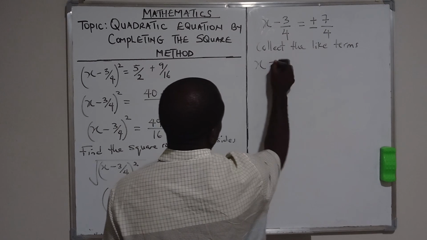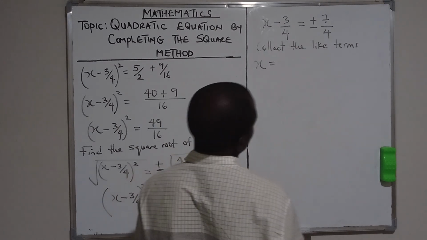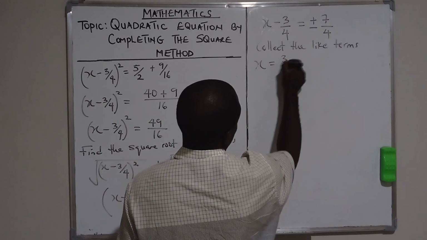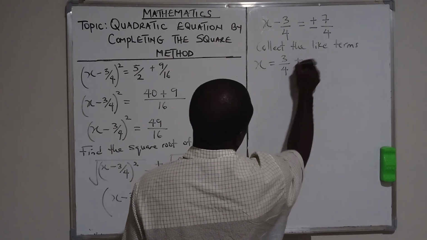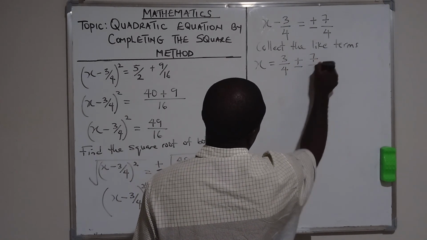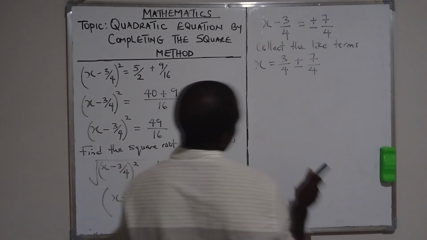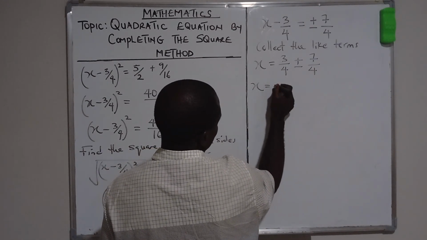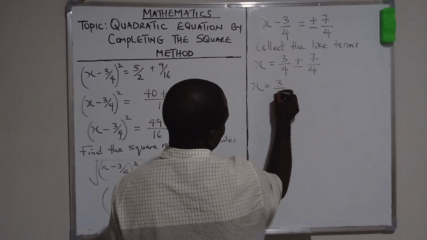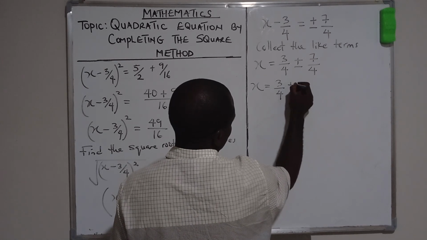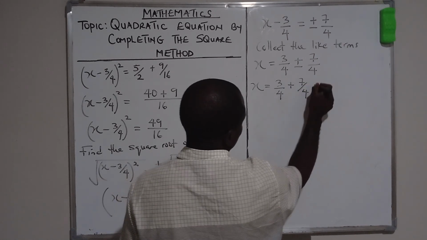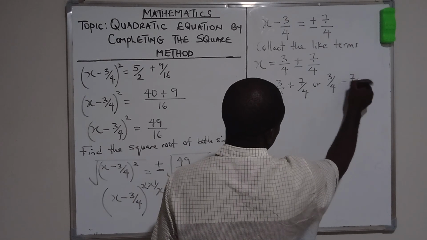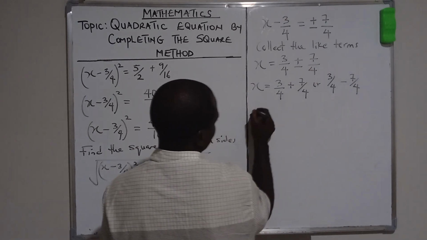You have x equals negative 3 over 4, which returns to positive when crossing the equal sign, so 3 over 4 plus or minus 7 over 4. Now x equals 3 over 4 plus 7 over 4, or 3 over 4 minus 7 over 4. Try to separate the sign.